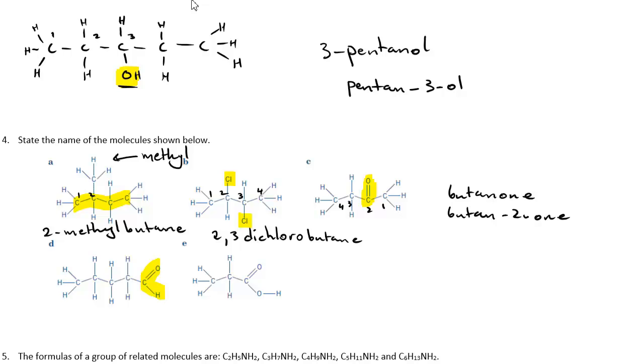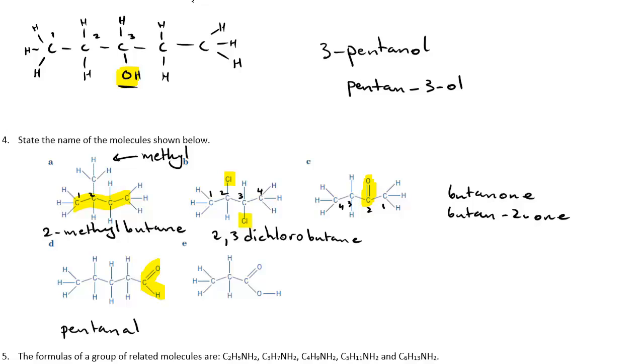And this is 1, 2, 3, 4, 5, so it's pentanal. You don't have to give the position for that because it's obvious that it will be at the end, because aldehydes always contain the CHO bond, whereas ketones just contain the CO.